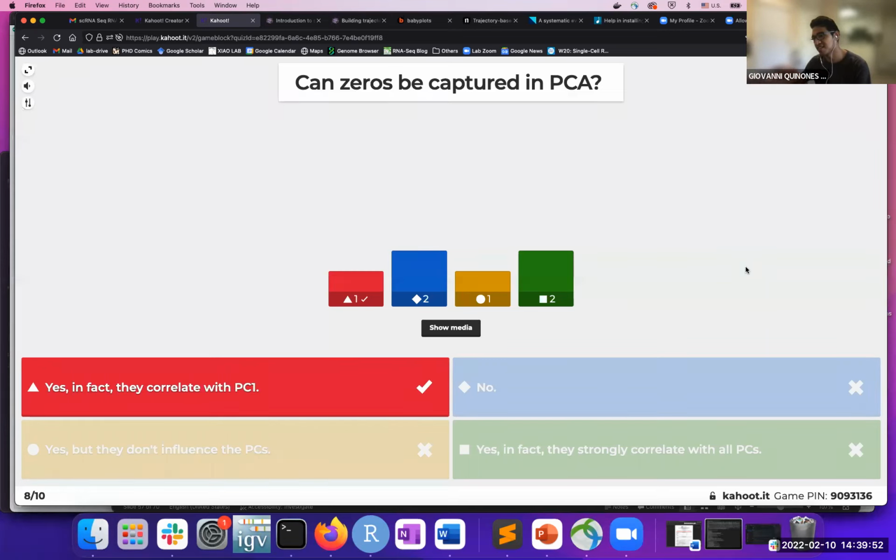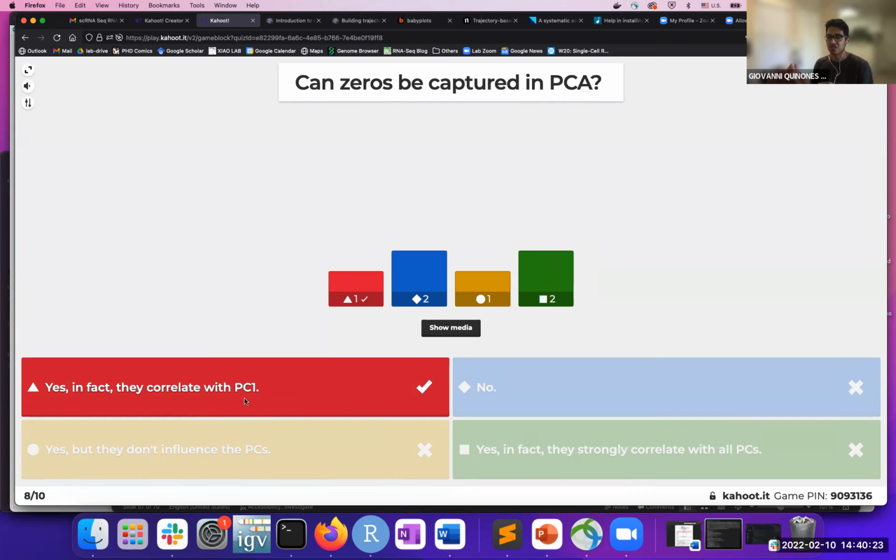Yeah, so the right answer is that yes, zeros are captured in PCA, and in fact, they correlate with PC1. So what that means is that if you remember the definition of PCA and what the different PCs represent, PC1 is the axis that captures most of the original information, so most of the variance.